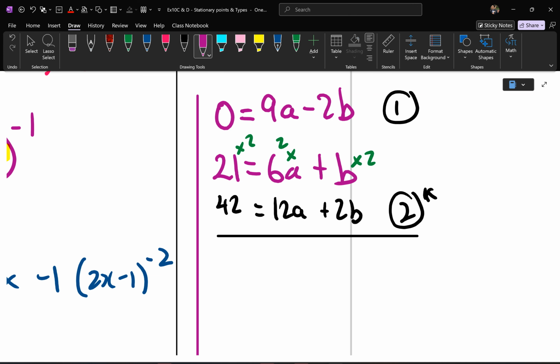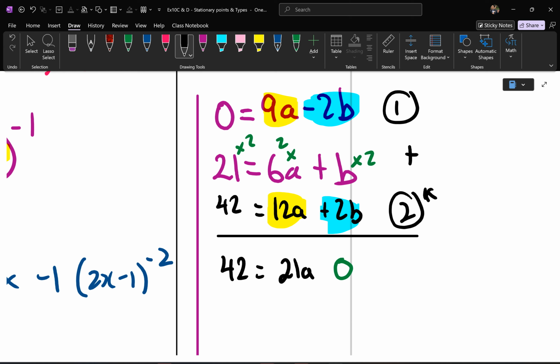And I would then do a subtraction or addition. So minus 2b plus 2b should give me 0 of those b's. 9a plus 12a. So if I add these two equations together, 9a plus 12a is, what's that? 21a? 42. Therefore, a must equal 42 divided by 21, which is 2.